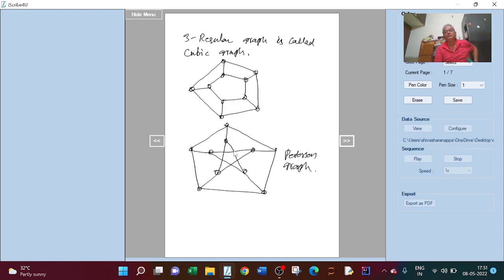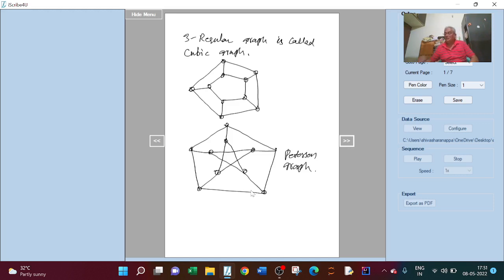Therefore these two graphs are different. Both are cubic graphs, the number of vertices is the same, the number of edges is the same, and the degree of each vertex is the same. Even then, these two graphs are not isomorphic. I will define afterwards what isomorphic means.